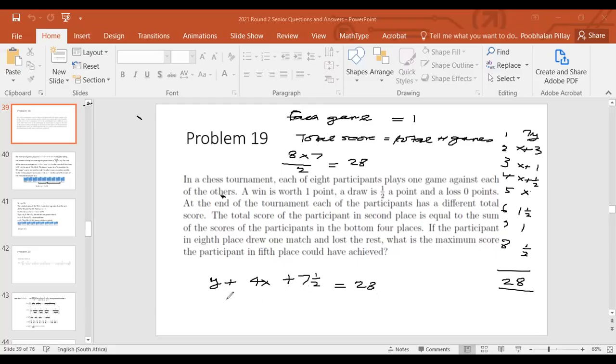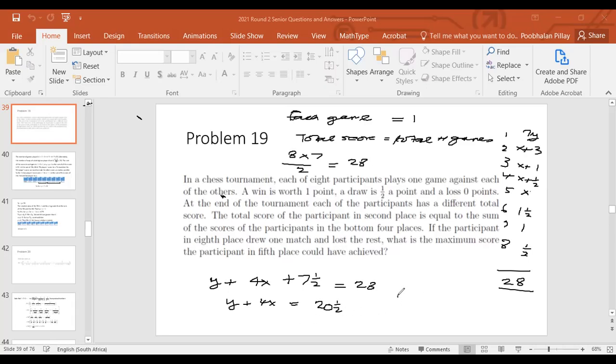4x plus, if you put this 4x, bring this to the other side, 28 minus 7.5 gives you 20.5. And you have that y is greater than x plus 3.